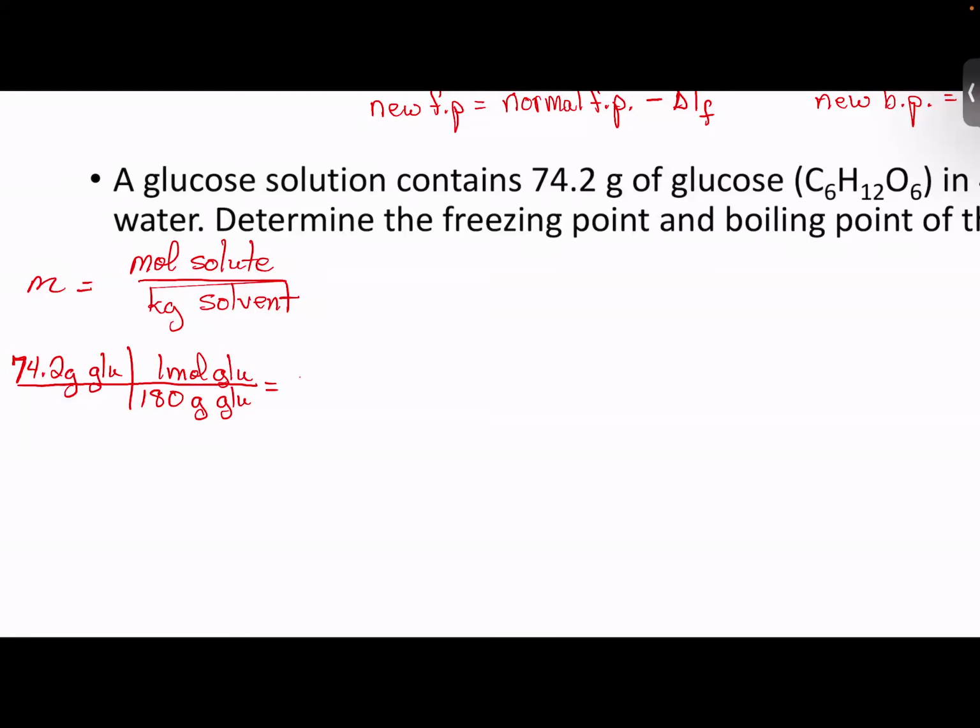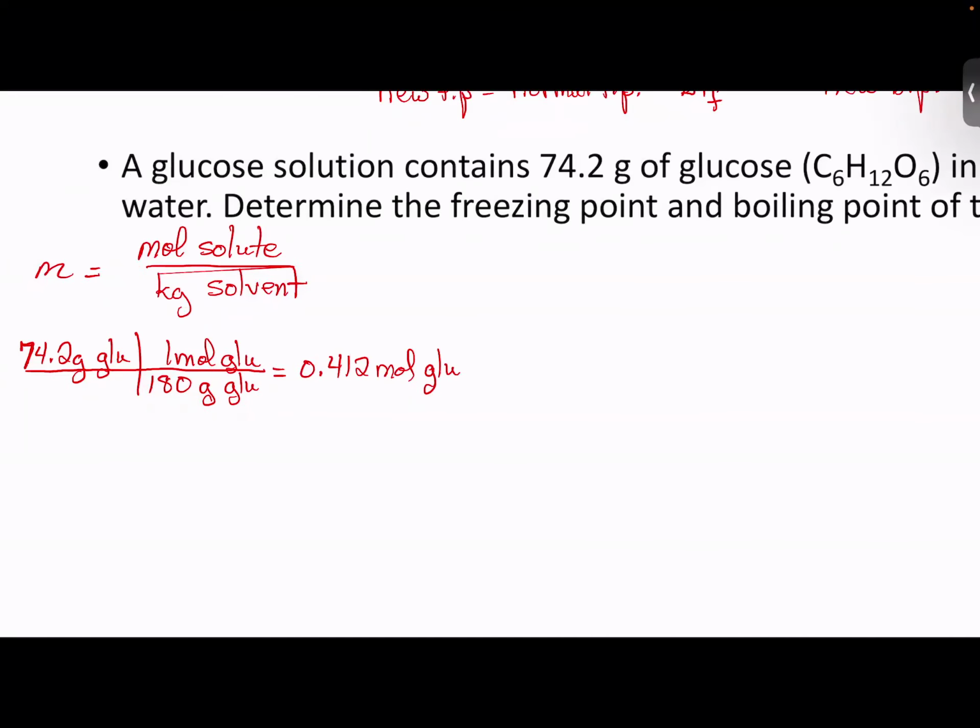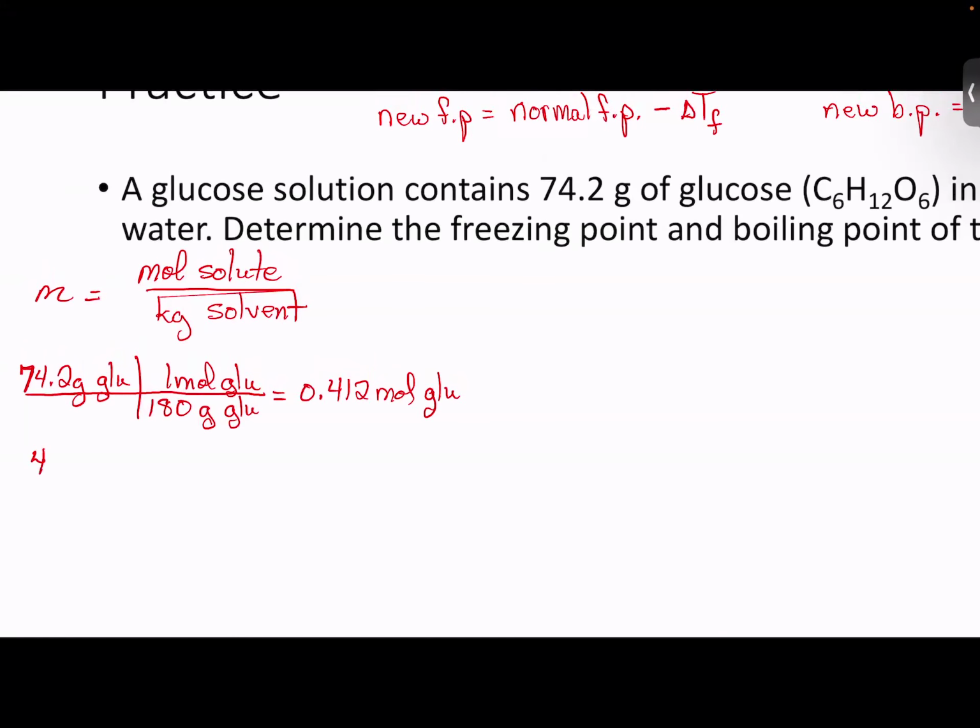And that's 0.412 moles of glucose. Now I need the kilograms of solvent. I was told that we had 455 grams of solvent, which is water in this case. Convert that into kilograms of water with the fact that there's 1,000 grams in a kilogram. So we're talking 0.455 kilograms.